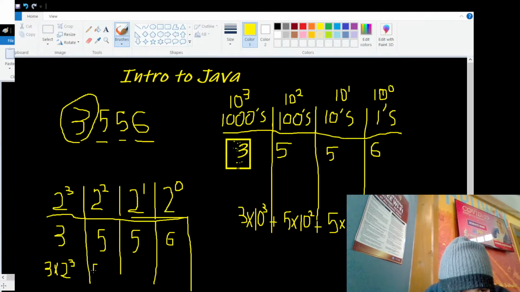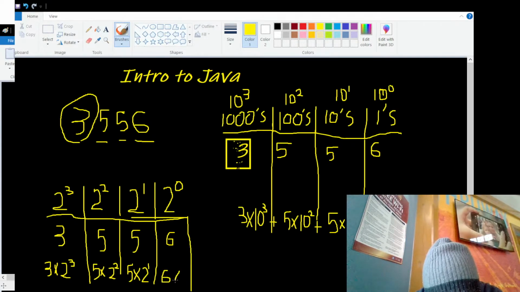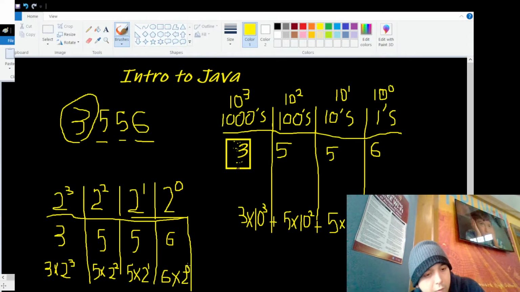And then here it would be 5 times 2 squared, and then 5 times 2 to the 1, and then 6 times 2 to the 0.